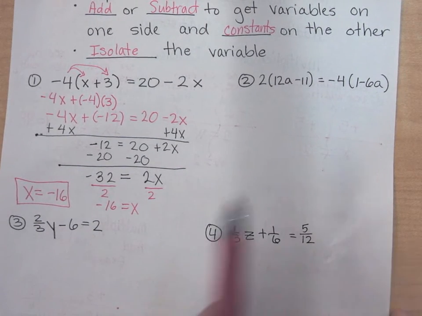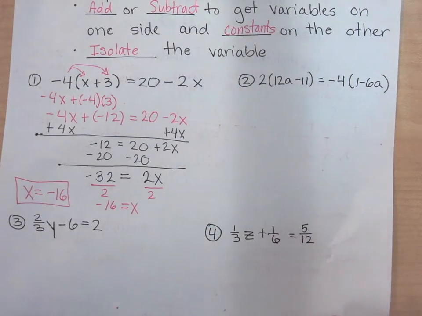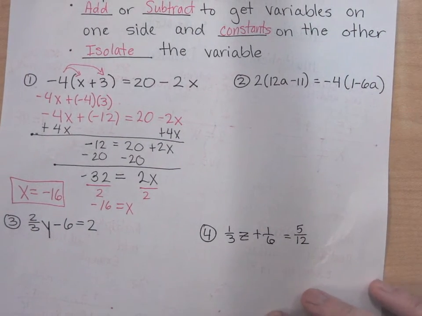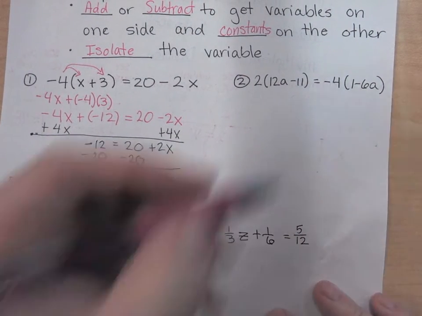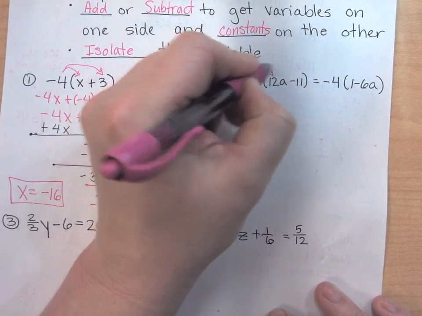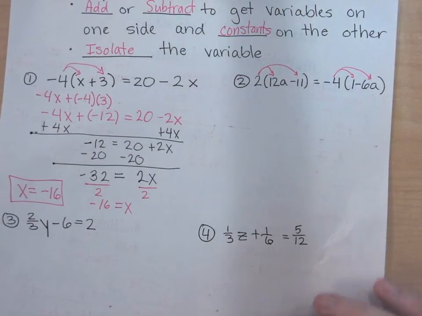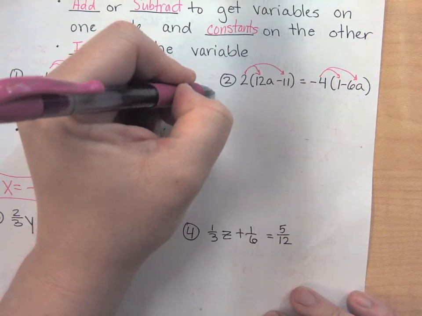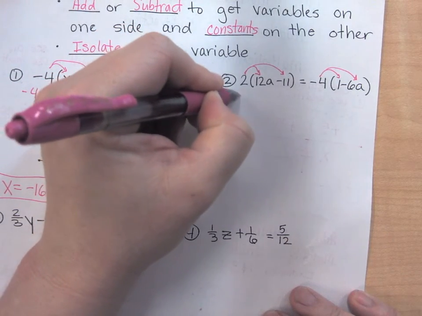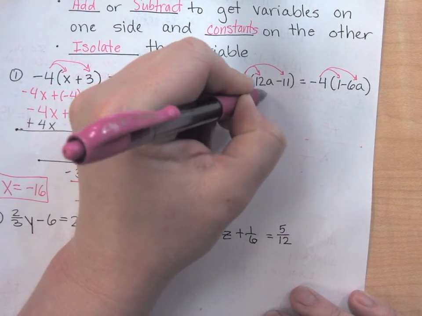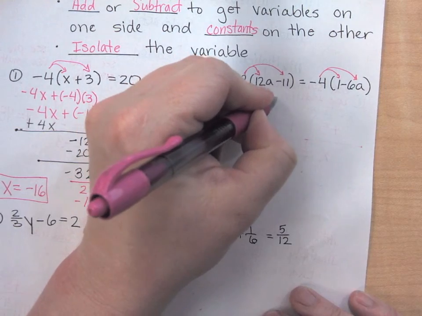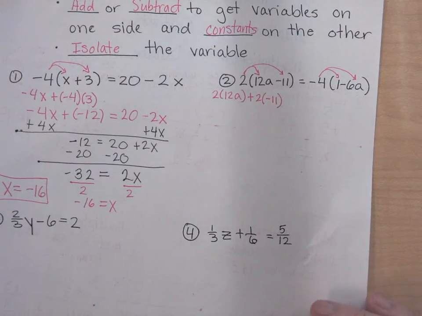Okay, here I have distributing on both sides, so I can do that at the same time, okay? So I can distribute here, and I can distribute here. So I'll have 2 times 12a plus 2, and this becomes a negative 11. Remember, subtraction becomes a negative.